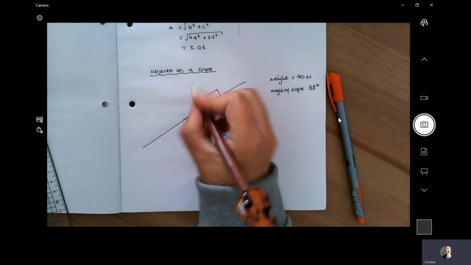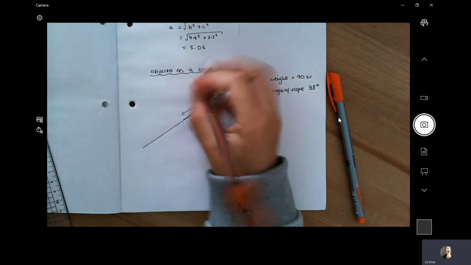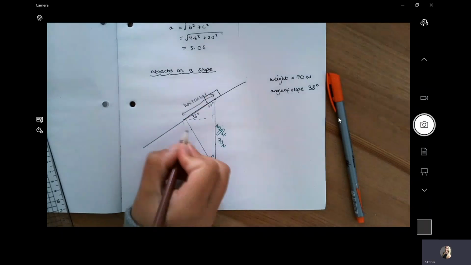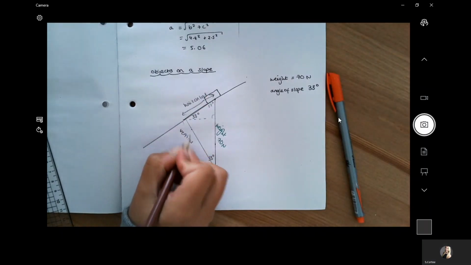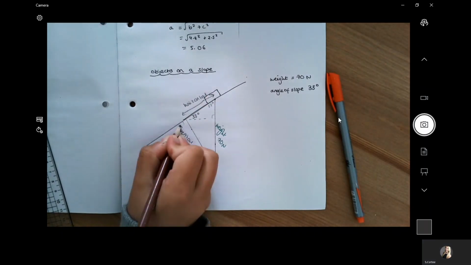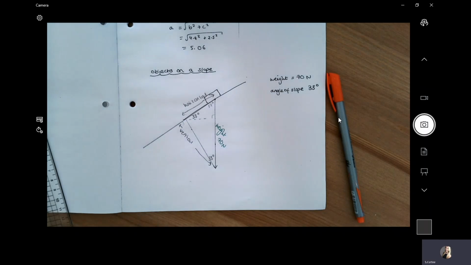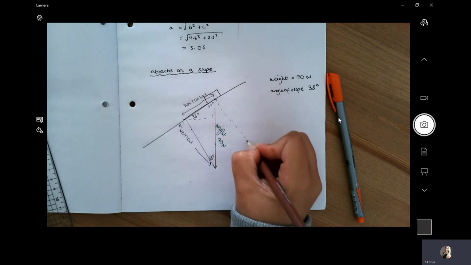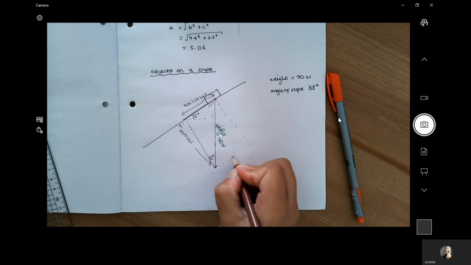And there you can see here, it's my horizontal component. And here is my vertical component. I don't need to draw the rest in. I could, but I don't need to.